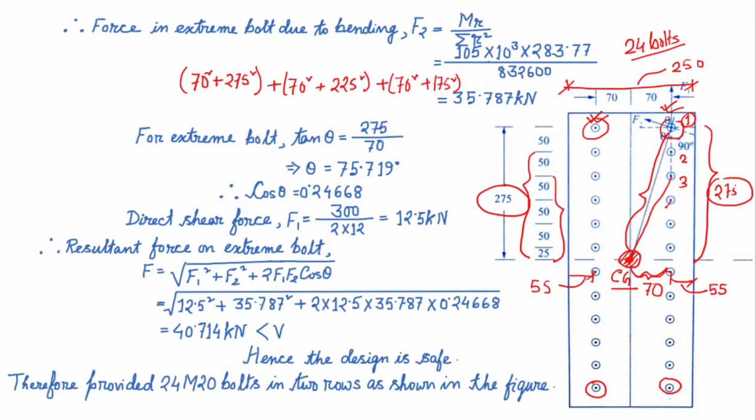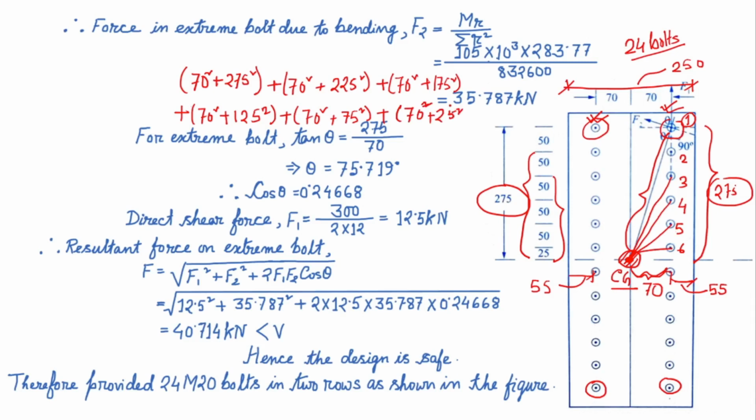Then for the fourth bolt, plus 70 square plus 125 square, plus the next one, the fifth one, 70 square plus 75 square, and the sixth one, 70 square plus 25 square.